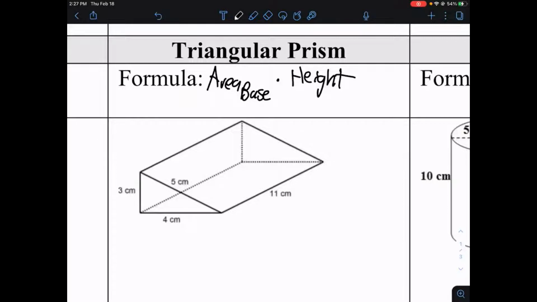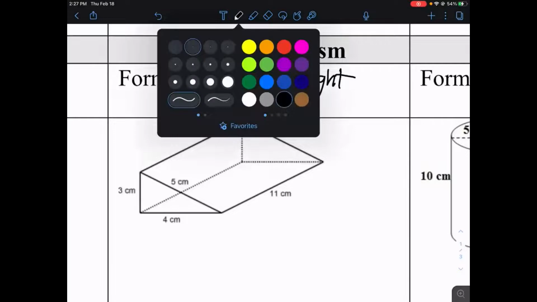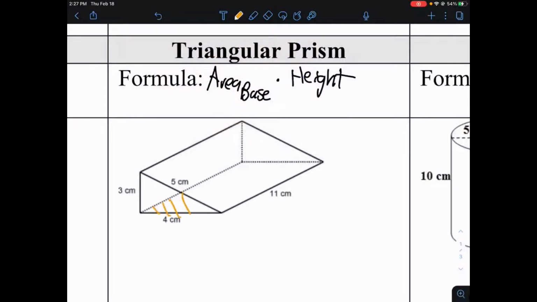Because remember, we need the opposite faces to be congruent. A common choice again is people want to choose the bottom. So let's say you chose the bottom. The bottom of this shape is a rectangle, but there is no real top of the shape, right? There's no rectangle up here.